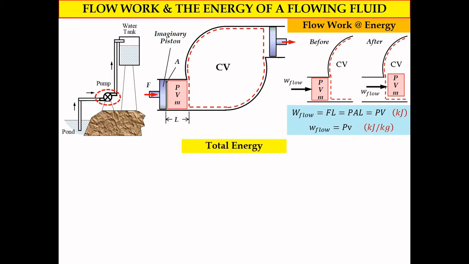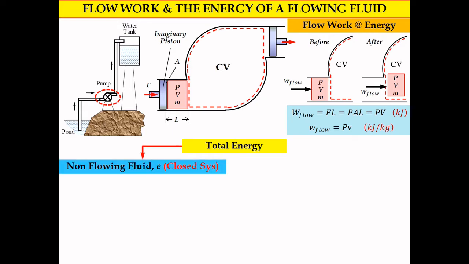Now we will look at the total energy equation. For a closed system, the non-flowing fluid is represented by the symbol E. We have learned that E equals U, internal energy, plus kinetic energy plus potential energy, in kilojoules per kg.